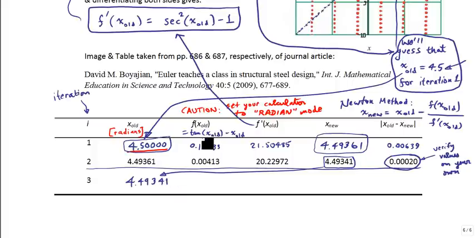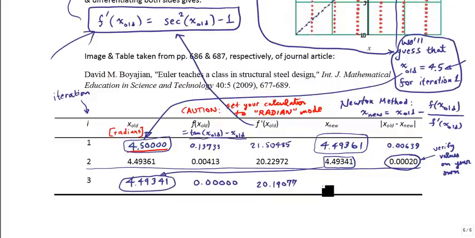And if you plug this into your calculator in accordance to this formula here, you're going to find already that the function value is 0.00000 out to 5 decimal places. If you plug this value into the f prime equation, which is that one up there, you're going to find that it is 20.19077.